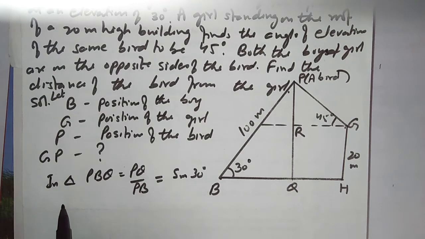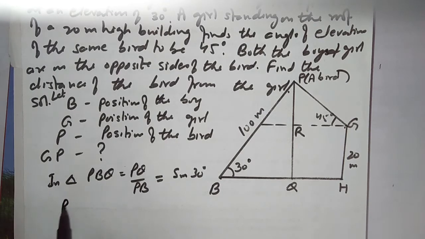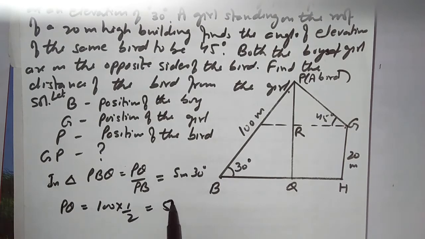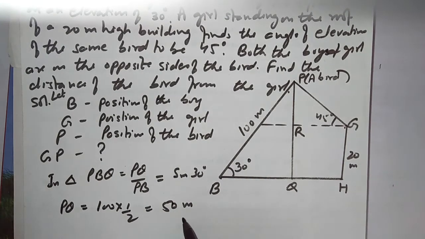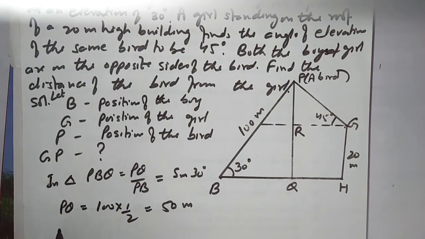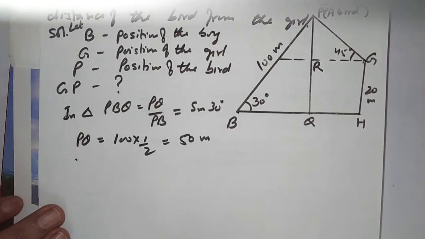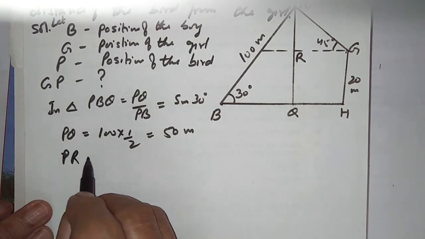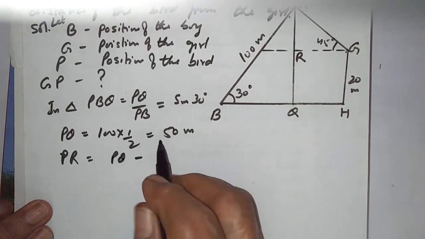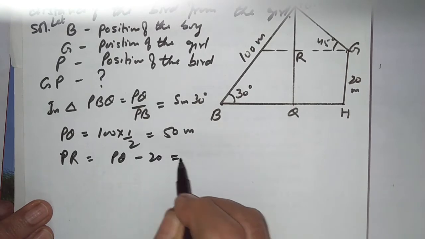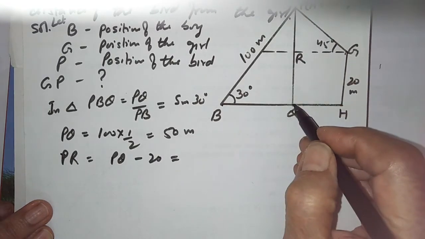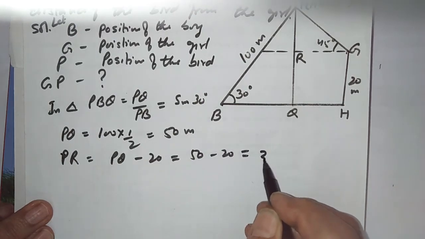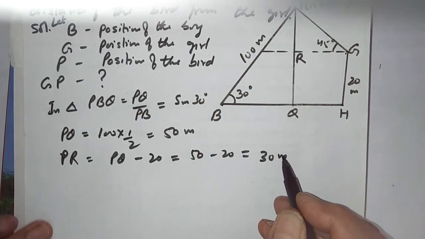From here you can find PQ is equal to 100 into 1 upon 2 which is equal to 50 meters. Now PR will be equal to PQ minus 20. GH is 20, RQ will also be 20. So 50 minus 20, it will be 30 meters.